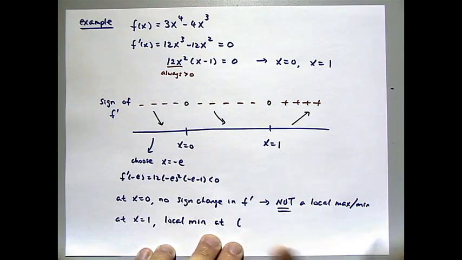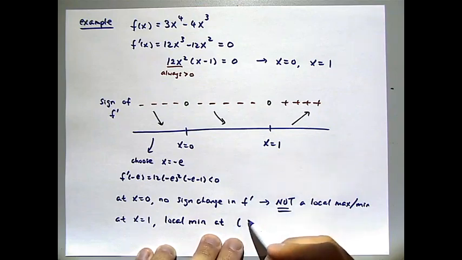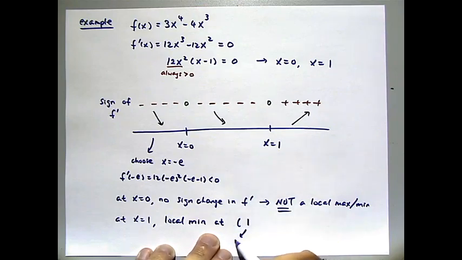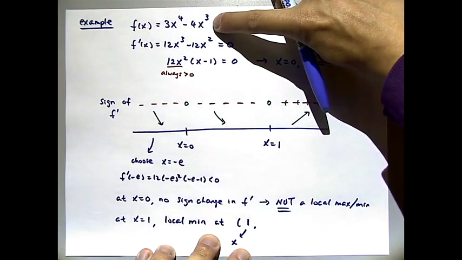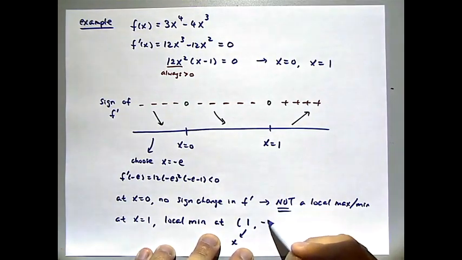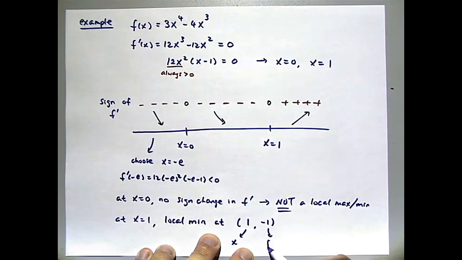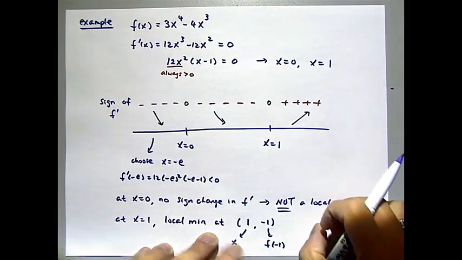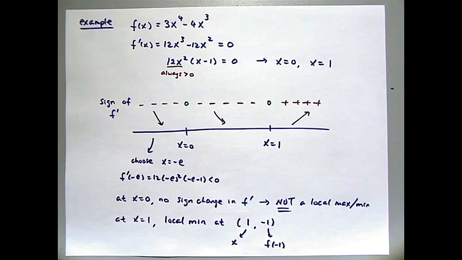So let's give it as a point. The minimum happens at x is equal to 1, and y is equal to 3 minus 4. So that's f of 1. This tells you where it happens and what the actual value of y is.